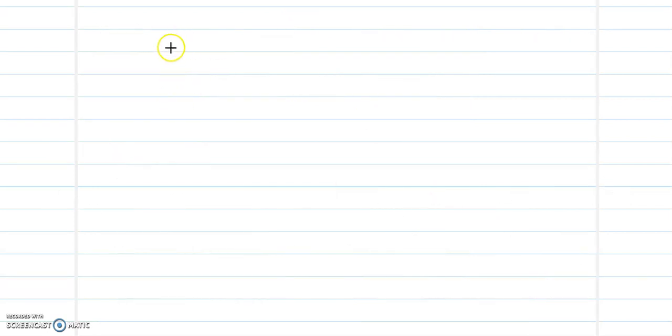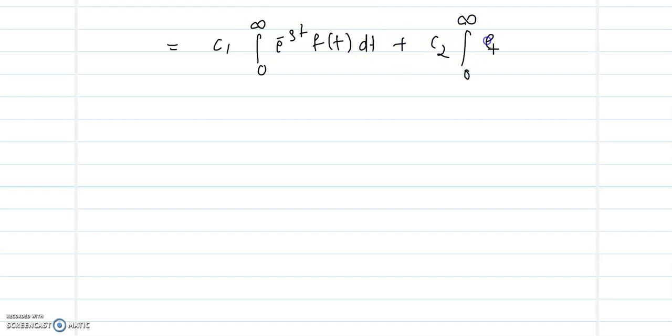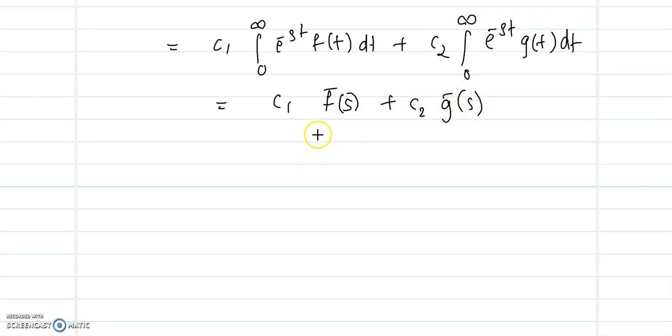Now the integral has a linearity property, so this will be equal to C1 times integral 0 to infinity, the constant will come out of the integral, so we get e power minus st f of t dt plus C2 integral 0 to infinity e power minus st g of t dt. So this is C1 f bar of s plus C2 g bar of s. That gives the required result. So this is C1 into Laplace transform of f of t plus C2 Laplace transform of g of t.